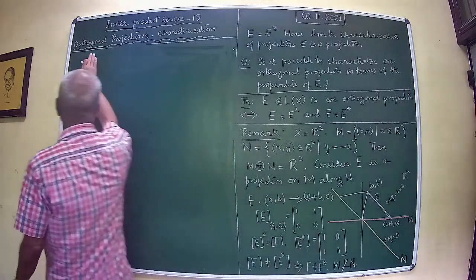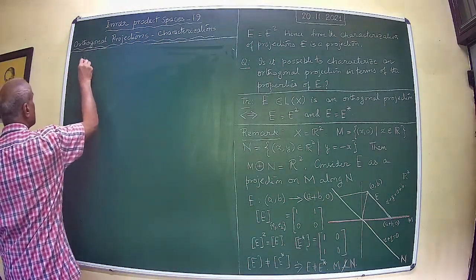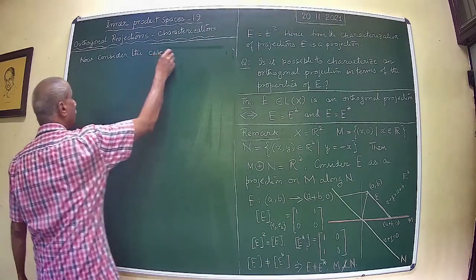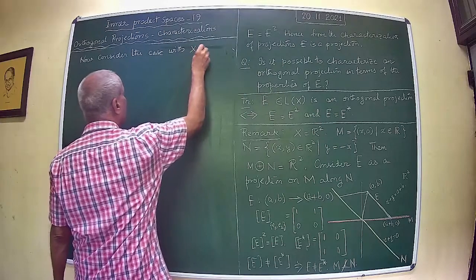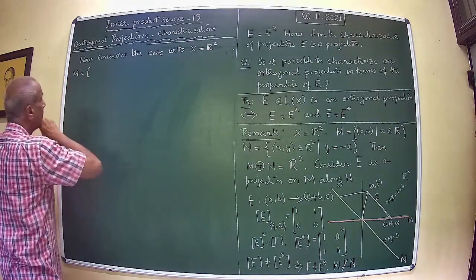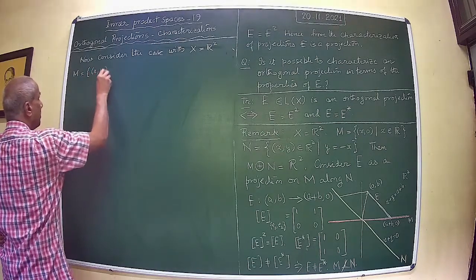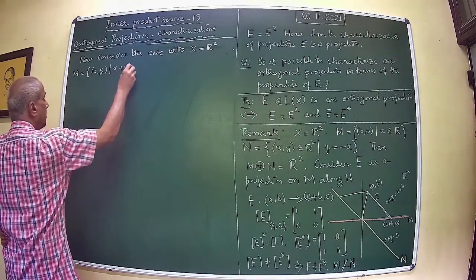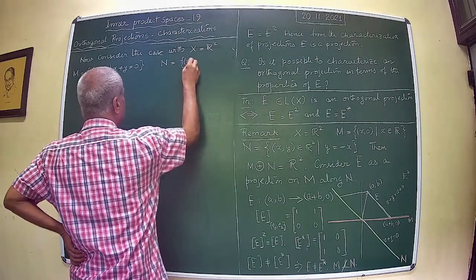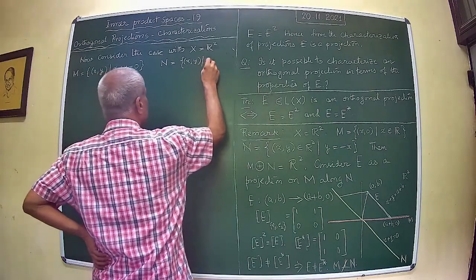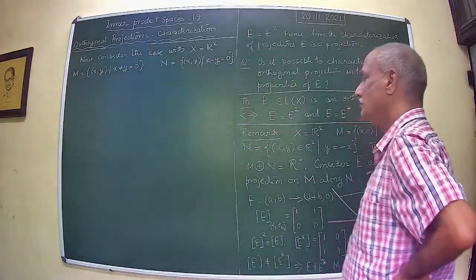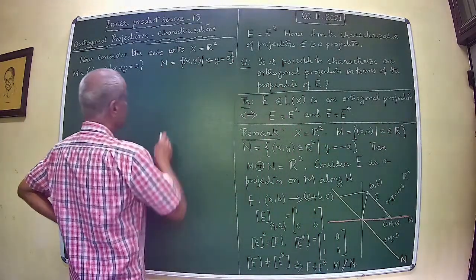Now consider the example where M equal to the x-axis, and N you take as the y-axis. So the picture that emerges is this.